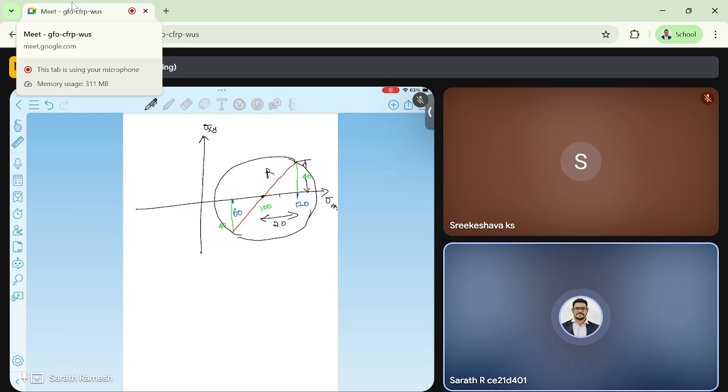So radius is the root of 40 squared plus 20 squared. So 1600 plus 400, 2000, 20 into 100, 10 root 20.